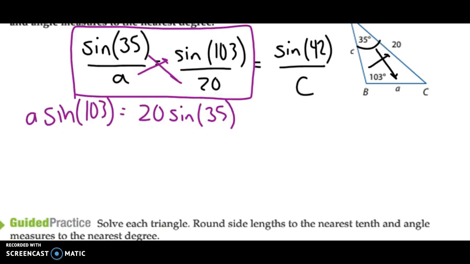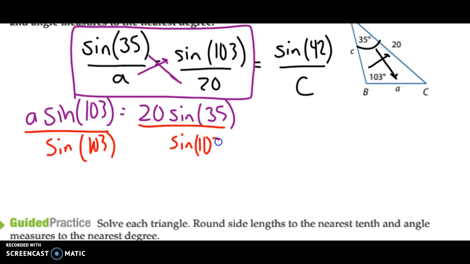If I want A by myself right here, I would divide both sides by the sine of 103. And so A is going to equal 11.8 approximately. I did that by just putting that into my calculator.